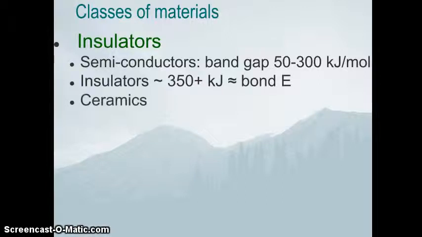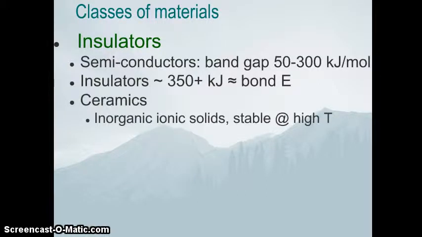And of course, there's natural sorts of insulators. So ceramics are natural insulators. Inorganic ionic solids, which are stable at high temperature. So sodium chloride is an insulator. It's not a ceramic. It's an insulator.